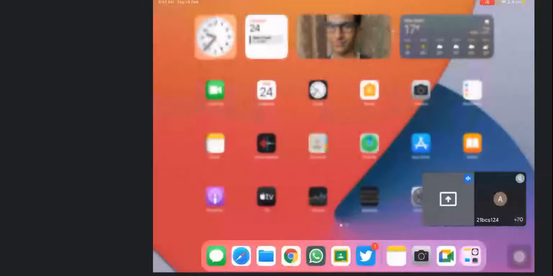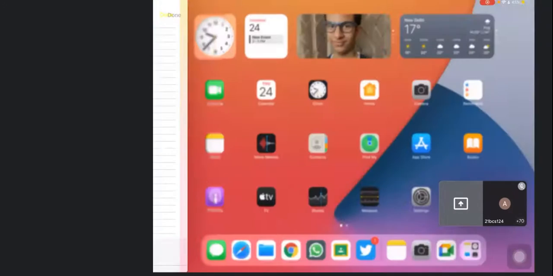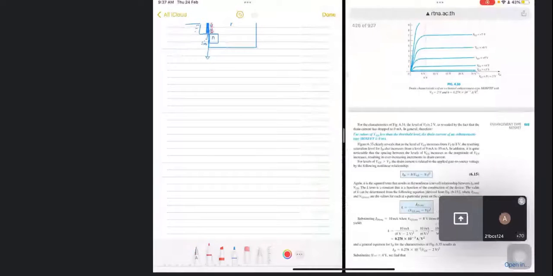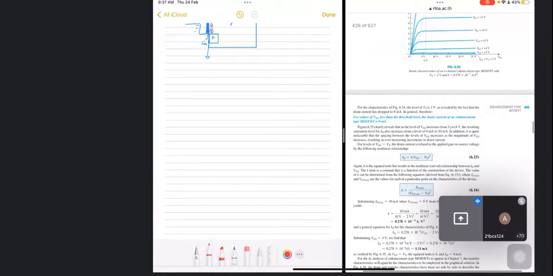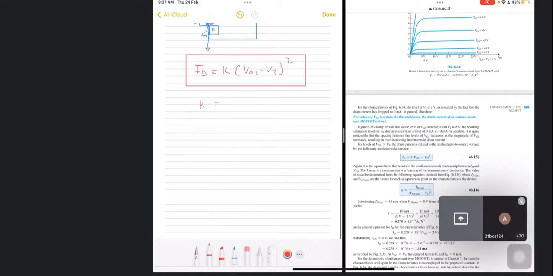Right. Now there is one another, and if I go for this, so this is the formula for this, that in saturation ID is equal to K (VGS minus VT) whole square, right? And K is nothing but ID on divided by (VGS on minus VT) whole square.